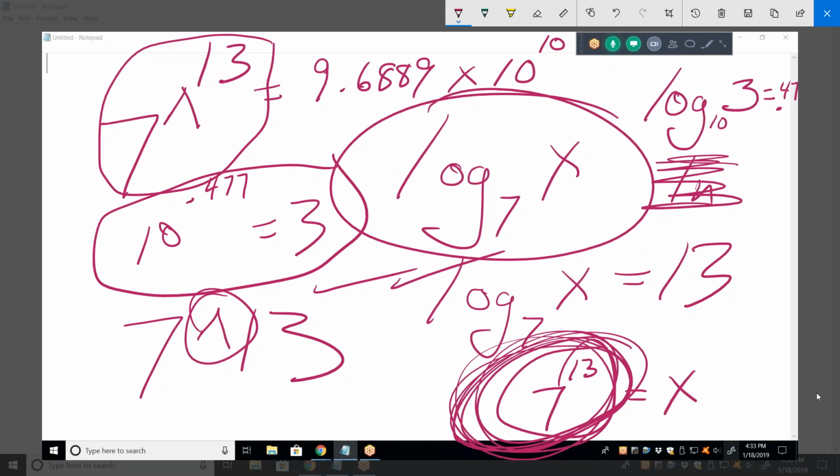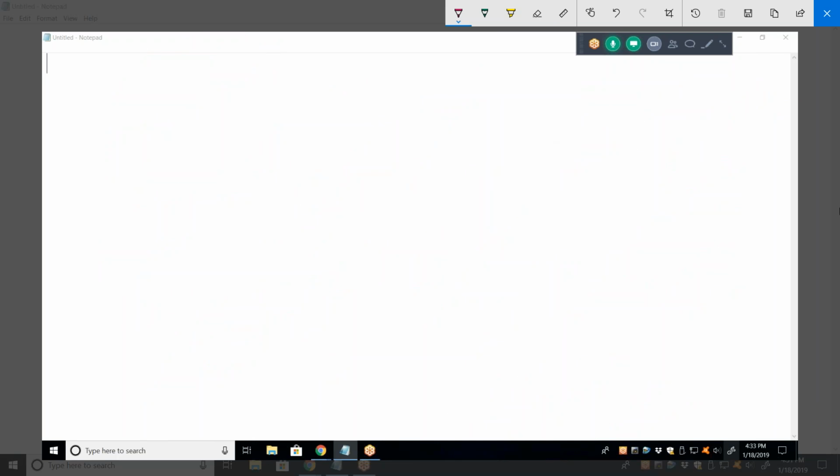So that does make a lot of sense. 10 to the 0.477 power does equal 3. Okay, so that's all logs are. Is a way to express exponentials as log statements. And there's a reason somebody invented this. It makes math a whole lot easier.